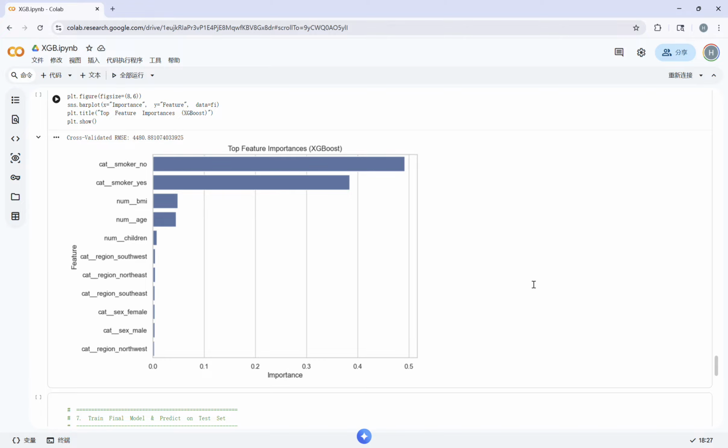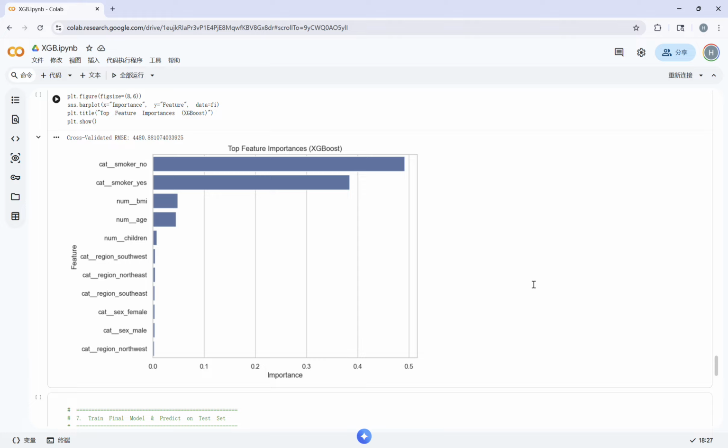After training the final model on the full training dataset, we generated the predictions for the test set and created the Kaggle submission file. When examining individual predictions, the outputs were internally consistent and reasonable. For example, a young non-smoker with low BMI had a relatively low predicted cost, while a smoker with high BMI or older age had a substantially higher predicted cost.